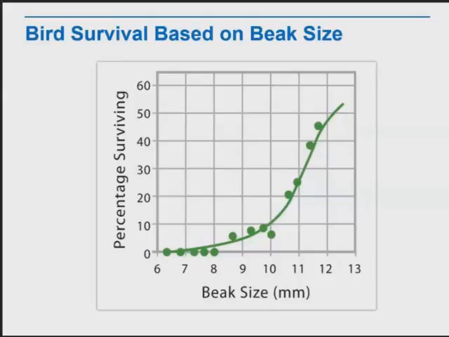Variation that doesn't matter much under normal environmental conditions becomes adaptive as the environment changes during a drought. The Grants' work shows that variation within a species increases a population's ability to adapt to and survive environmental change. Without heritable variation in beak sizes, the medium ground finch would not be able to adapt to feeding on larger, tougher seeds during a drought.